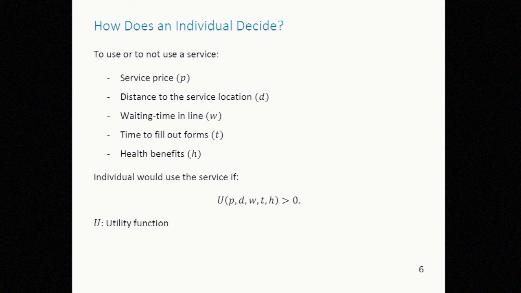So we have some attributes that each patient or each individual would evaluate, and then they decide to use the service if their gain in utility by using the service, which would be a function of, again, price, distance, waiting time, and many other attributes, is greater than 0.